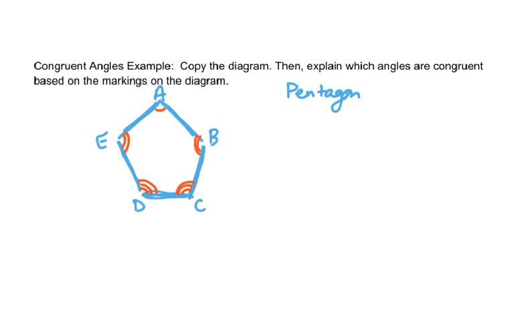But we do know angle E has the same number of arcs as angle B, and remember this congruent symbol. So angle E is congruent to angle B, and based on the 3 arcs, angle D is congruent to angle C. Those are the only ones that are congruent to each other, but we can tell by the number of arcs that are on them.